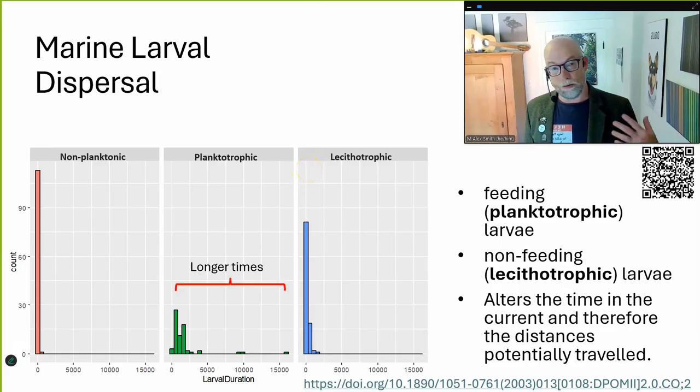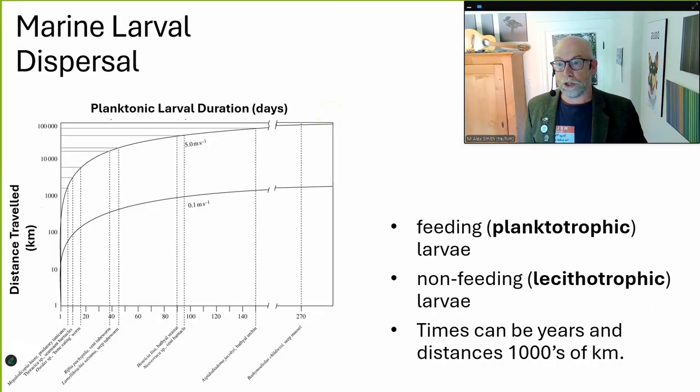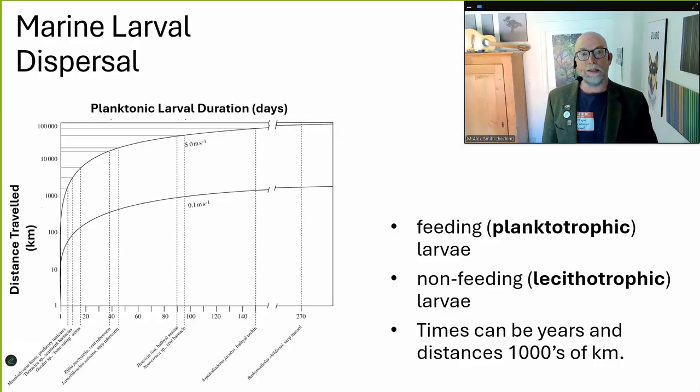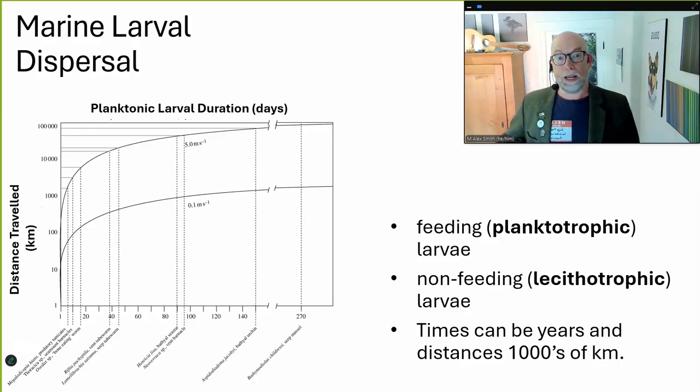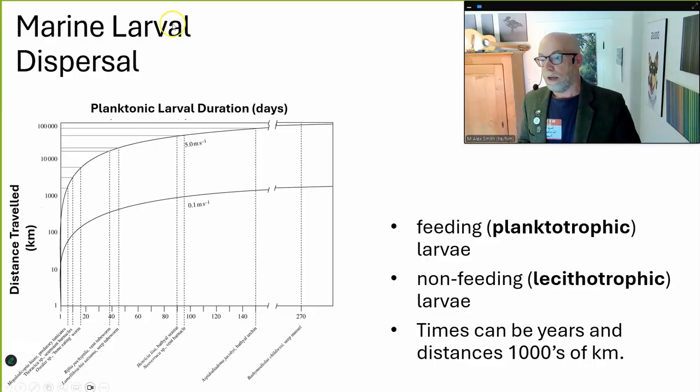And so that longer time then results in potentially much greater distances. The distances that can be traveled by a planktotrophic compared to a lecithotrophic larva could be hundreds or thousands of kilometers over months and years instead of dozens or hundreds of kilometers over days or weeks. And you can see that modeled here, where the x labels are up at the top, because we've got taxa labeled at the bottom.